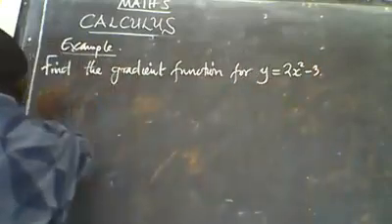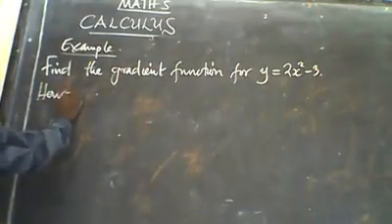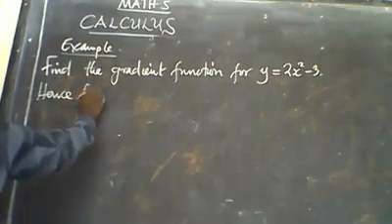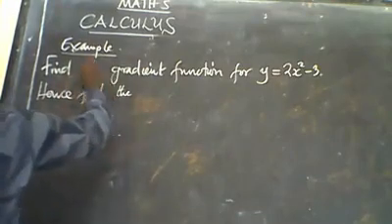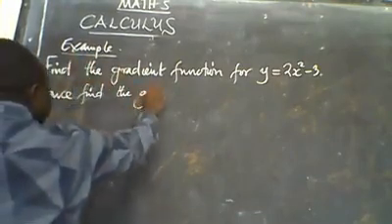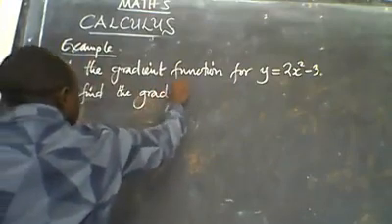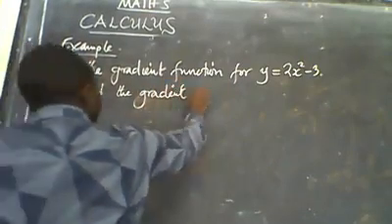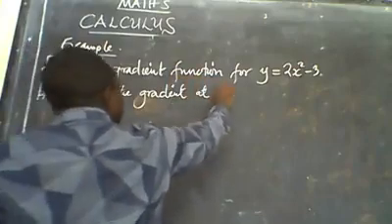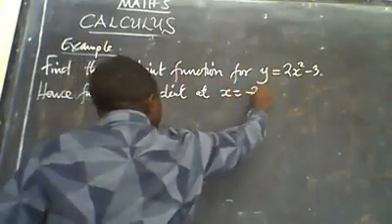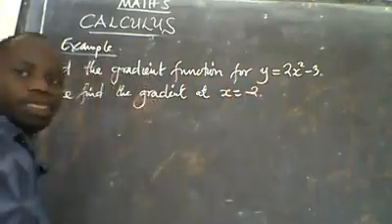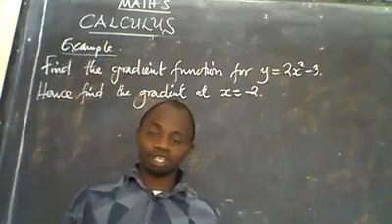Then the question continues to say, hence find the gradient at x is equal to negative 2. So this is the first question there.